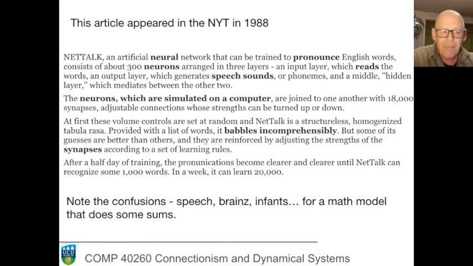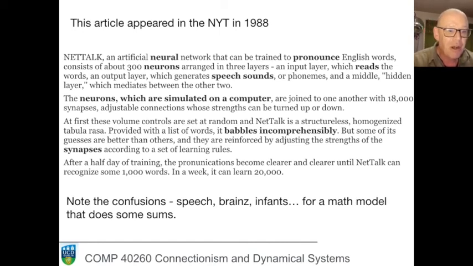Compare that with this article which appeared in the New York Times in 1988, and here we see more of the kind of popular discourse around neural networks. NetTalk, an artificial neural network that can be trained to pronounce English words, consists of neurons arranged in layers which read a word and generate speech sounds. The neurons, which are simulated on a computer, blah, blah, blah, provided with a list of words at the start.